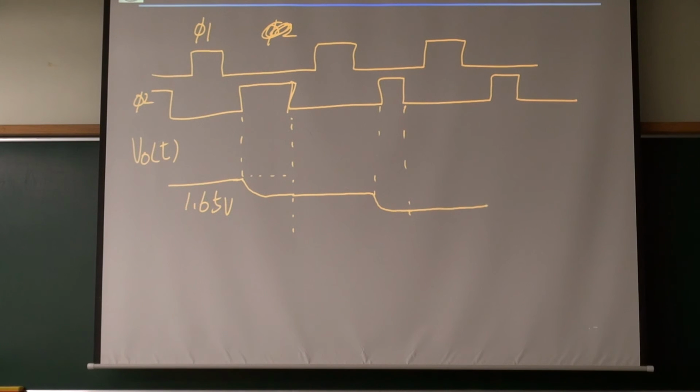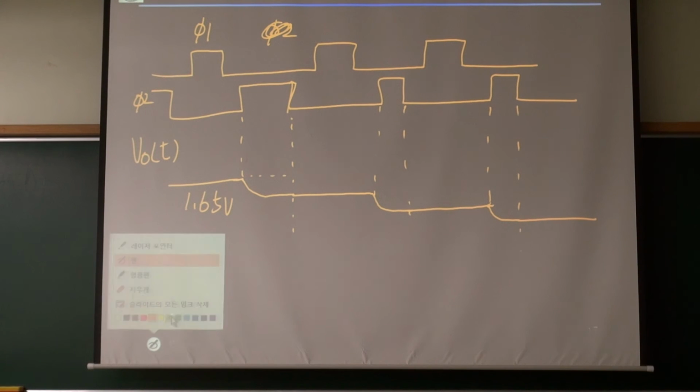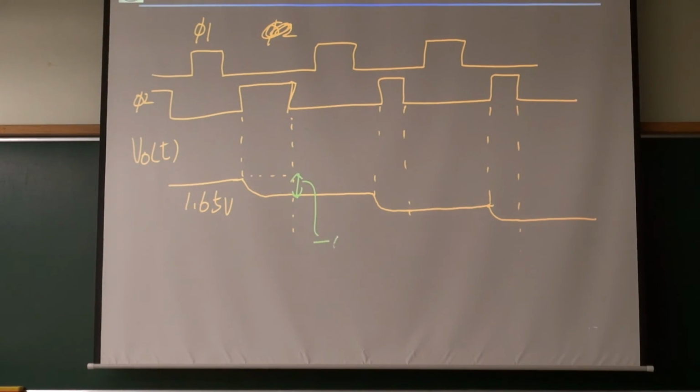Constant, and at the end of I2 phase, it changes again, something like that. Okay. The step here is minus 0.1 times C1 over C2.